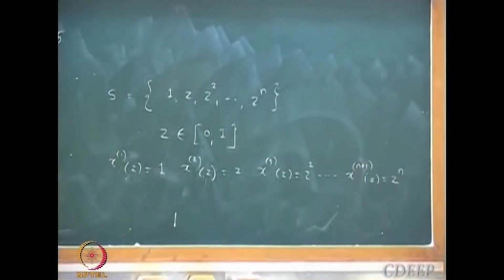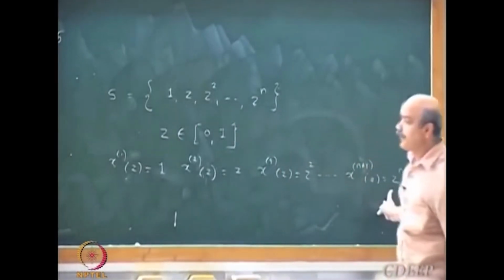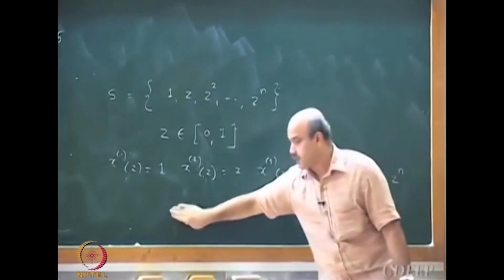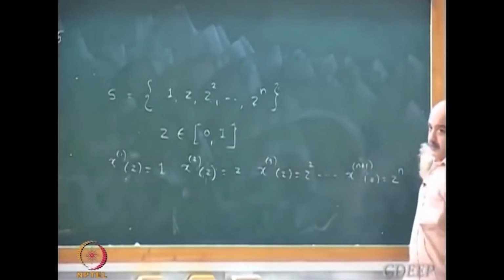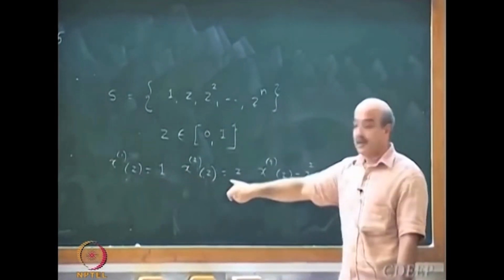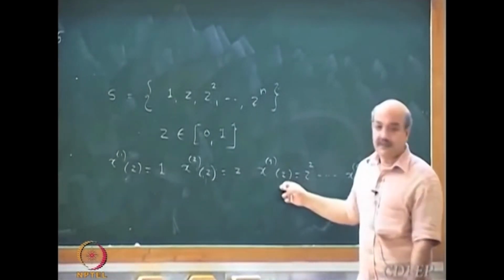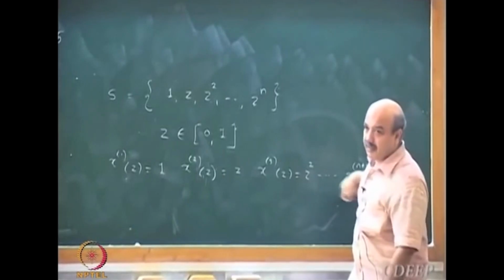In this particular set, I have n plus 1 vectors, which are denoted like this. This is the first function. This is the second function, x2(z), second vector. This is the third vector. This is the n plus 1th vector, and so on.